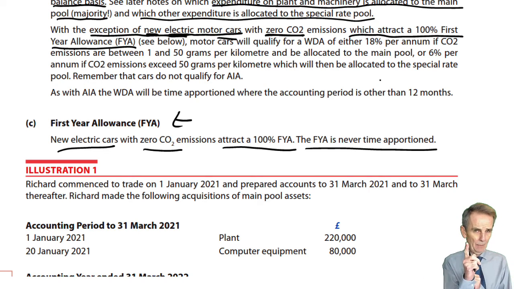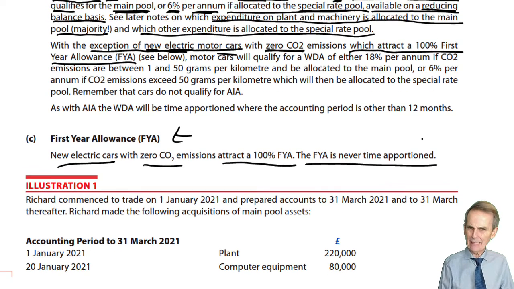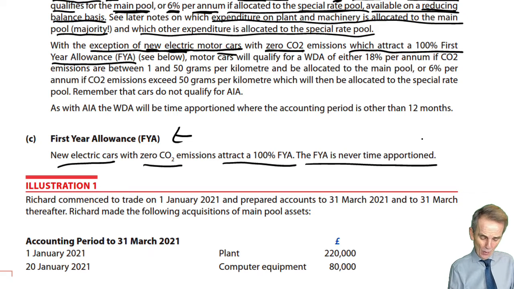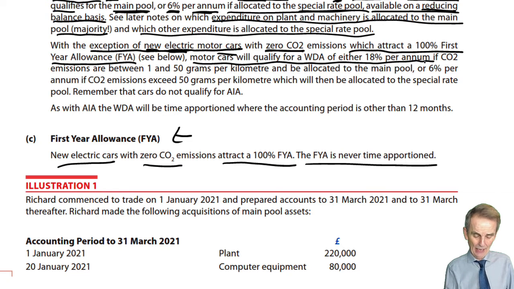So that's one type of car, a pretty rare type of car there, though becoming, thankfully, that much more common. All other cars, we said, they don't get AIA. So what they're going to have instead, motor cars will qualify for a writing down allowance of either 18% per annum. Remember, 18% was the main pool figure, available for main pool expenditure.